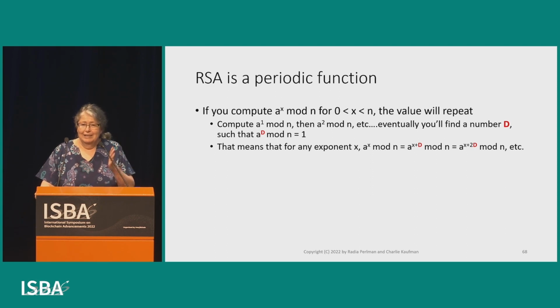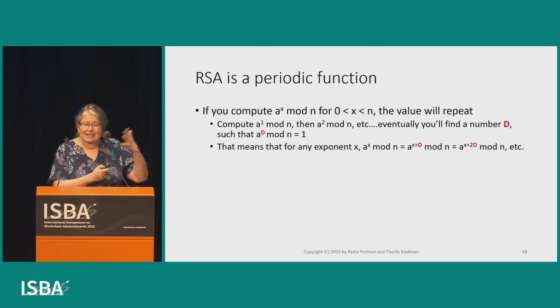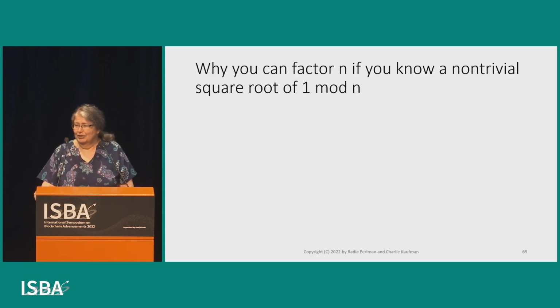And if a to the d mod n is 1, that means for any exponent x, a to the x mod n is the same as a to the x plus d mod n, because multiplied by 1 you get the same thing, which is equal to a to the x plus 2d mod n, etc. So this is what Shor's algorithm is going to help us do. It will help us find the period d, and as I said, that will help us factor n.